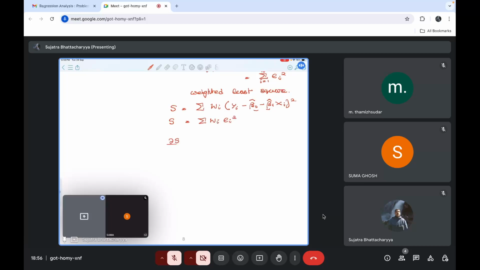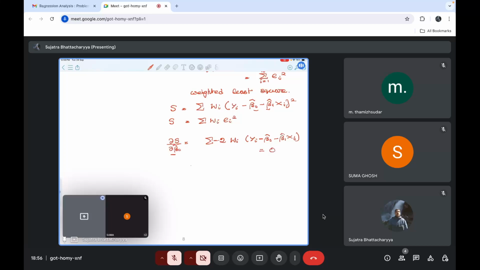Delta S by delta beta naught hat will be the summation of 2 Wi (Yi minus beta naught hat minus beta 1 hat xi), with a minus sign of course, because you are differentiating with respect to beta naught hat. This should be equal to 0 because error has to be minimized.